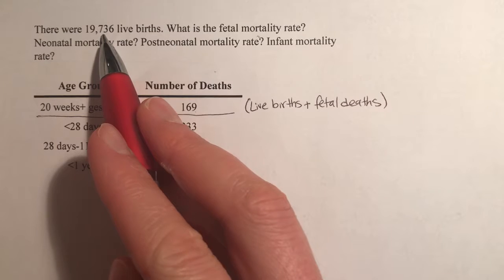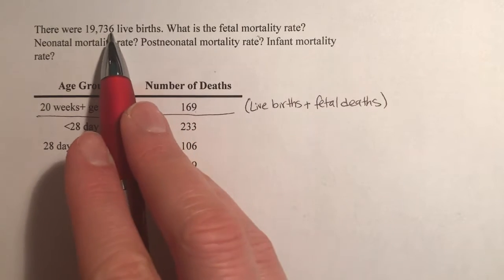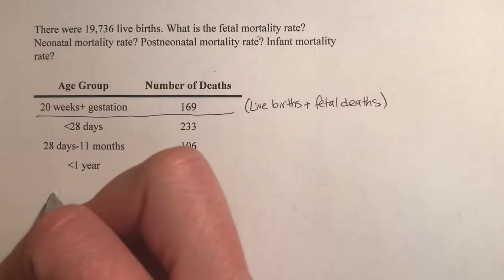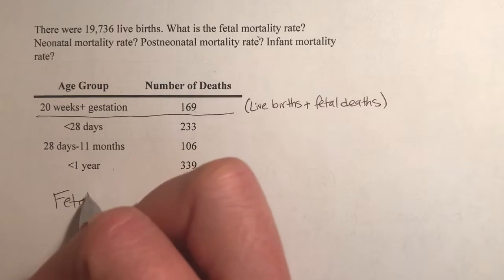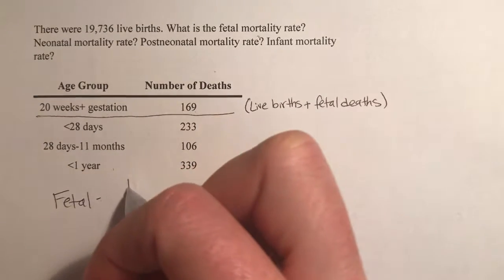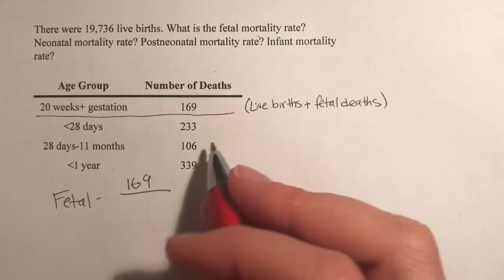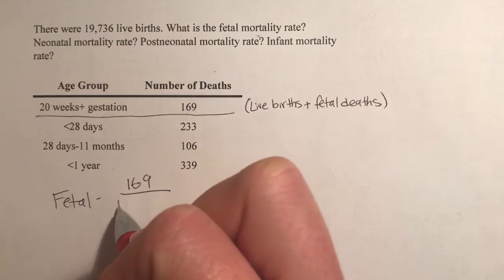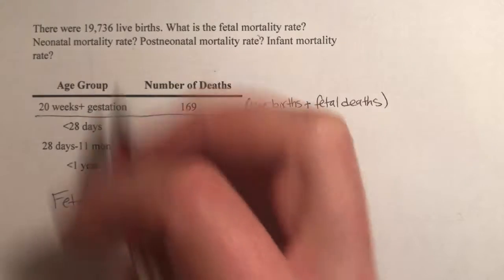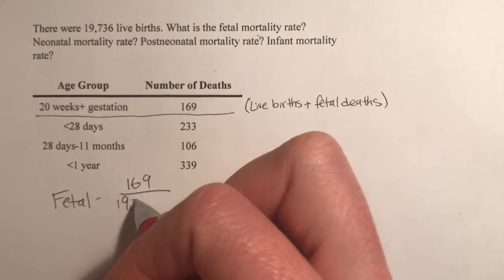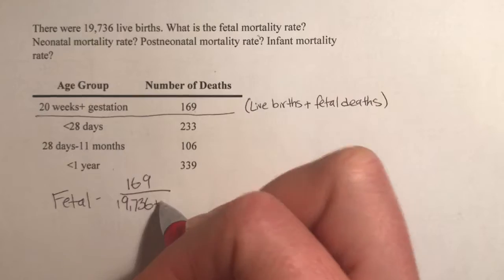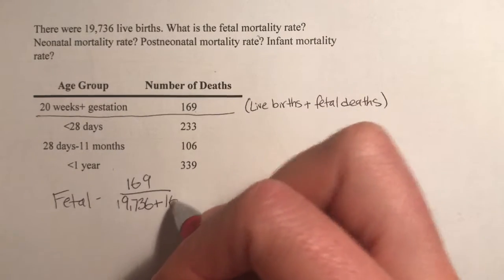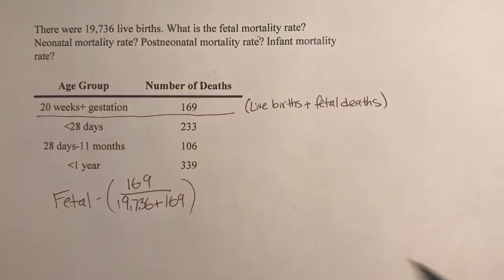They were not born alive. They died before they were born. So for our fetal mortality rate, we're going to have our numerator of 169 fetal deaths, divided by the number of live births, which is up here at 19,736, plus the number of fetal deaths again, so plus that 169.